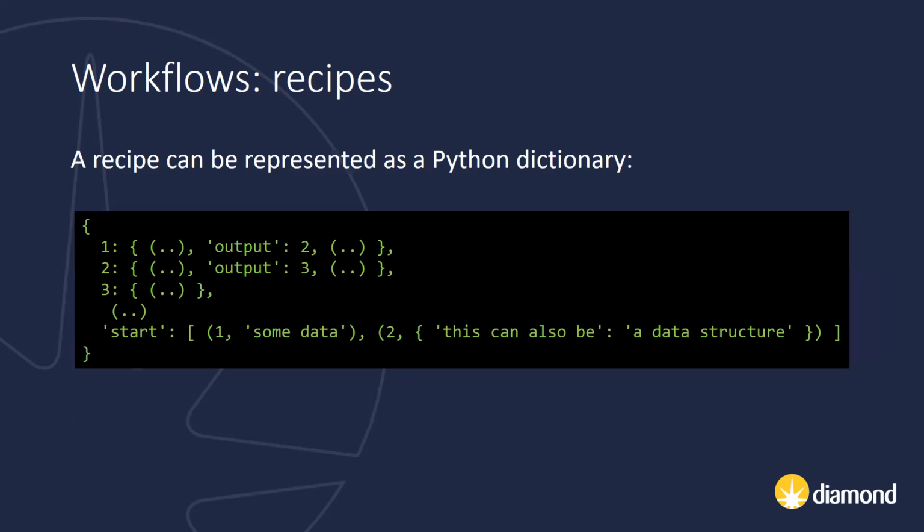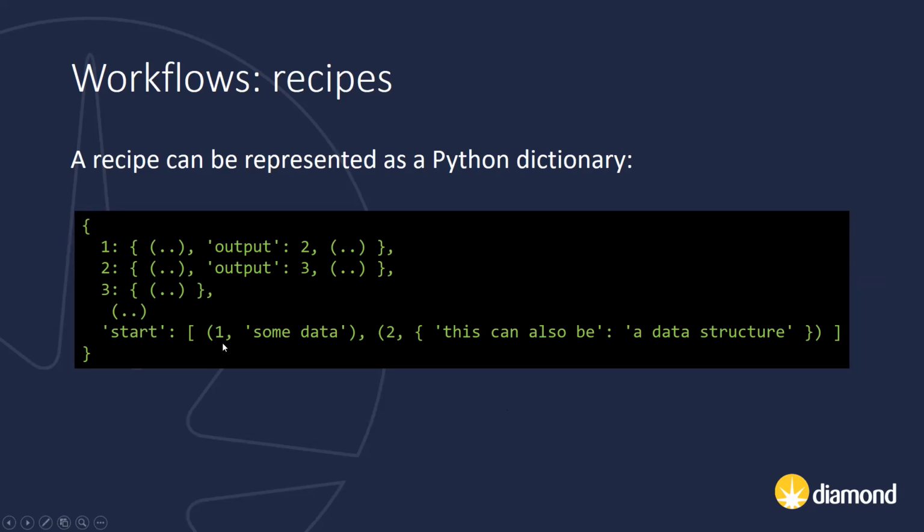Okay, so internally, a recipe is represented as a Python dictionary, where in this case we've got three steps of the recipe, and this indicates where we start.